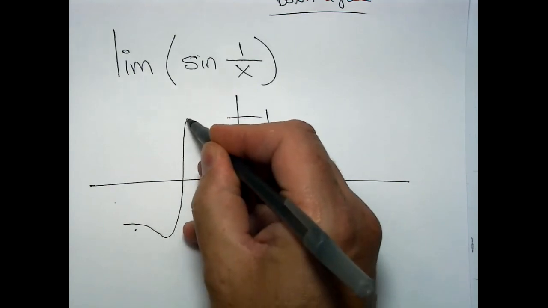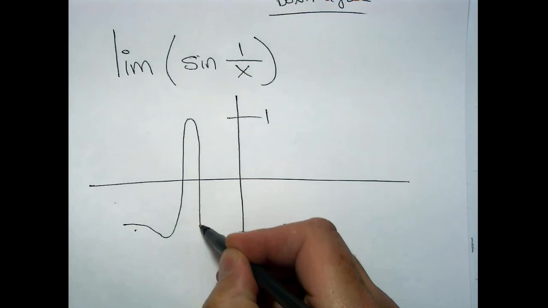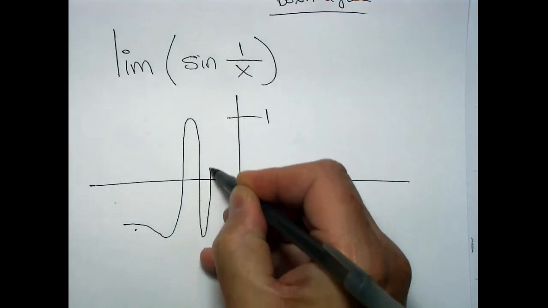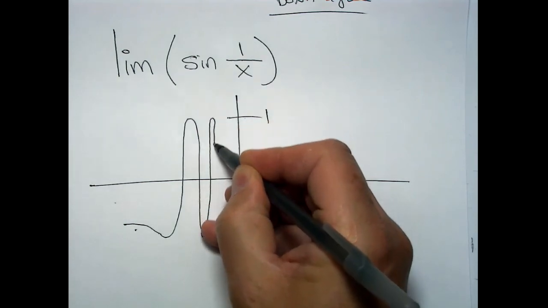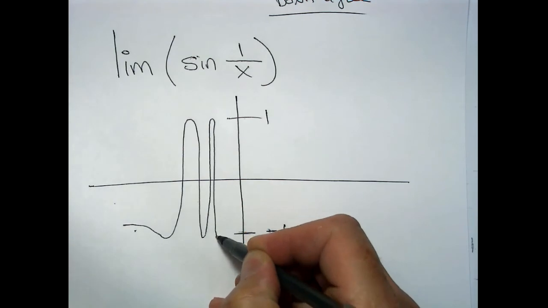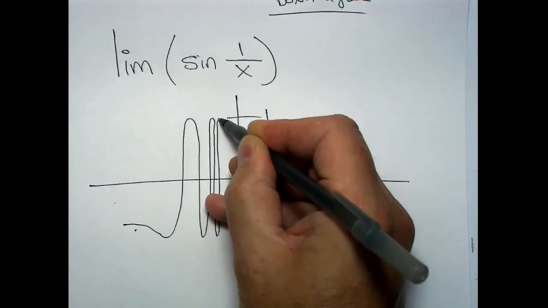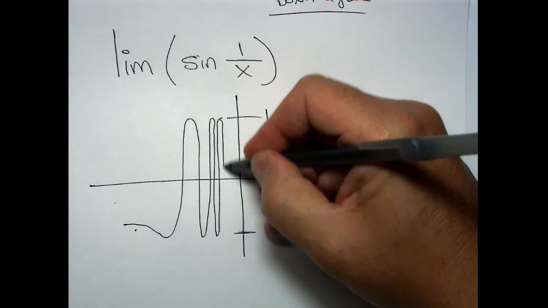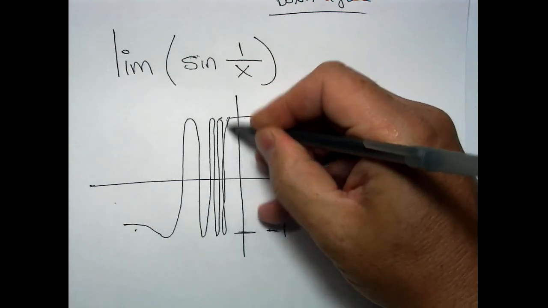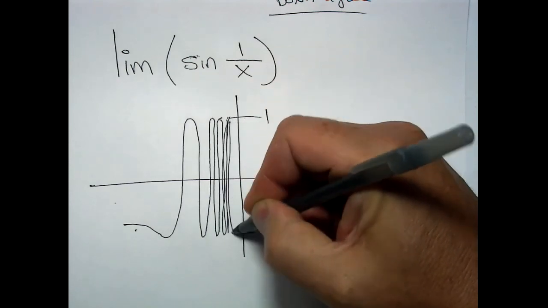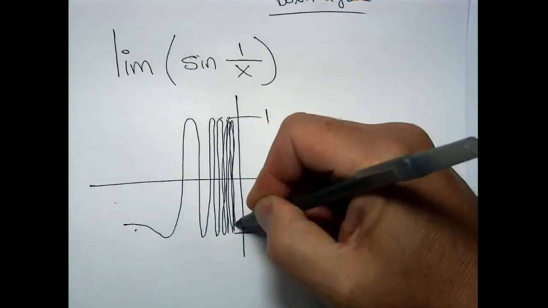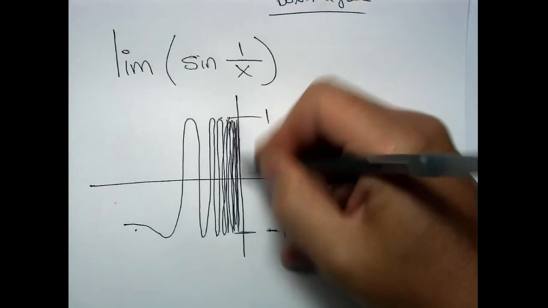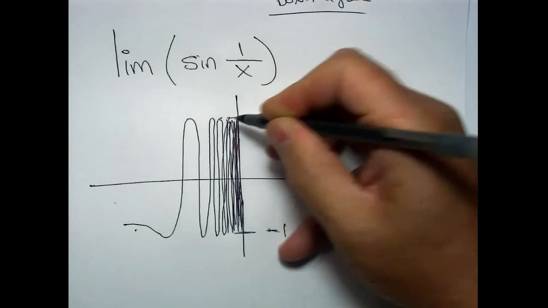It starts oscillating here between 1 and -1, but then the frequency gets higher and higher the closer you get to x equals 0, until finally the frequency just goes crazy and it just starts banging in between 1 and -1 like this, until finally, guys, the frequency is infinite in there.